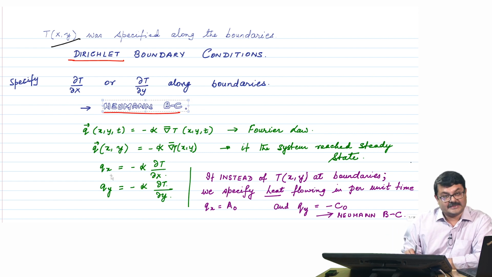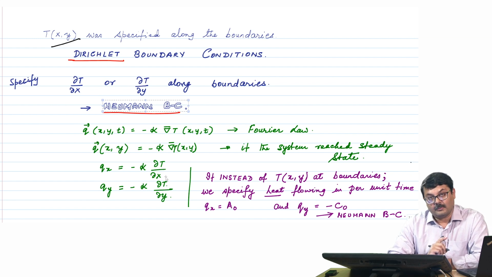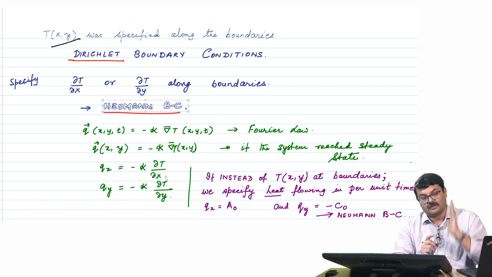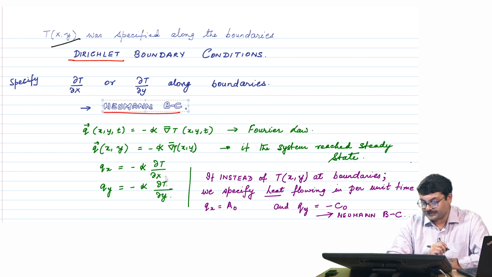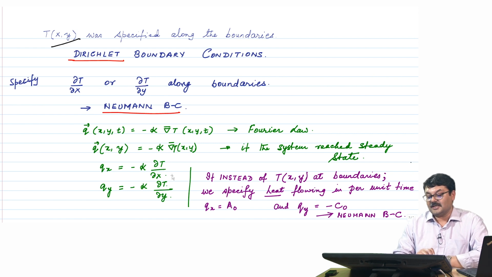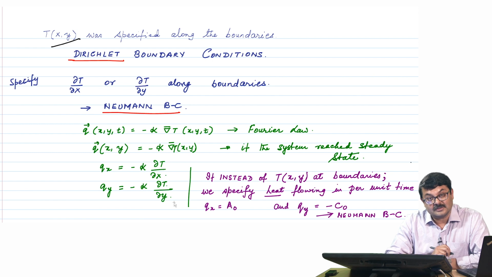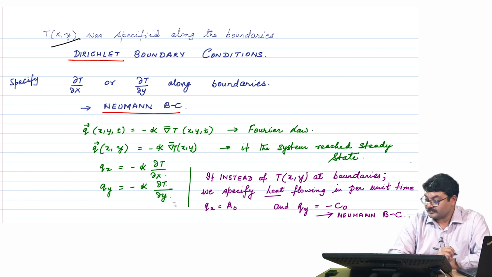So, q_x is basically kappa dT/dx. That is how much heat is being transported on the left side of the box along the x direction. You can specify this heat current along the x direction, and you can also specify the heat current along the y direction at the appropriate boundaries.